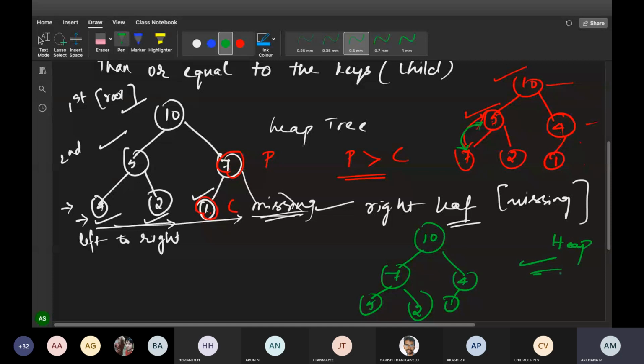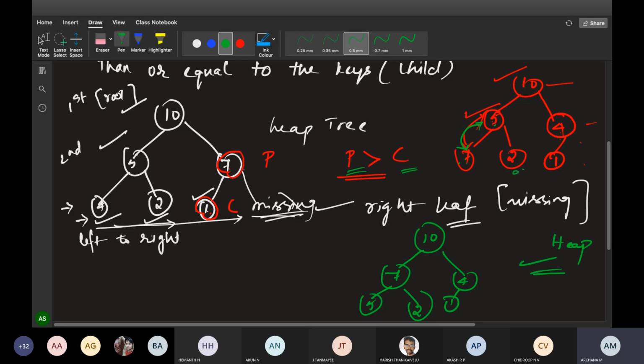Okay, these are the conditions we need to see. First condition, all the levels are full, and even if the rightmost nodes are missing, it is okay. The second condition is that the parent should always be greater than the child. Understood? If the parent is not greater than the child, swap it. For example, now 5 is there, I am comparing with 7 and 2.